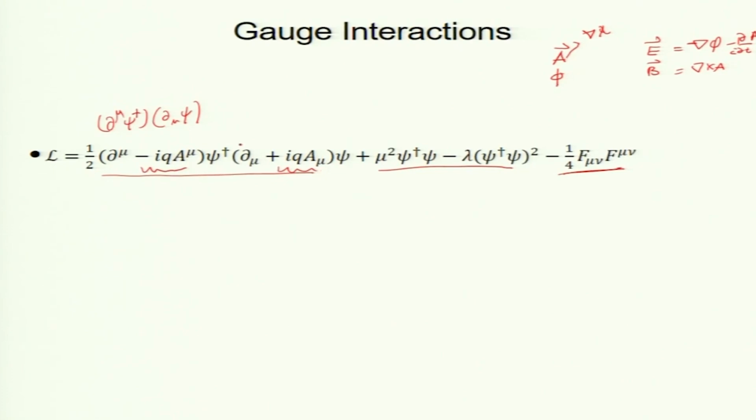So, my derivatives are replaced by derivative plus or minus iQ A mu. Okay, Q is the charge of the matter field, and M is the mass of the matter field.